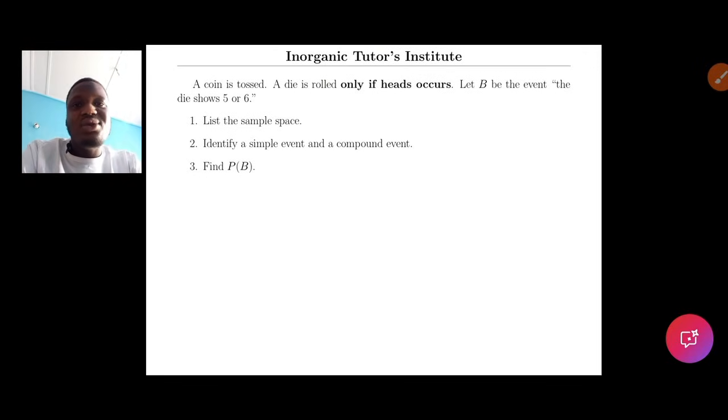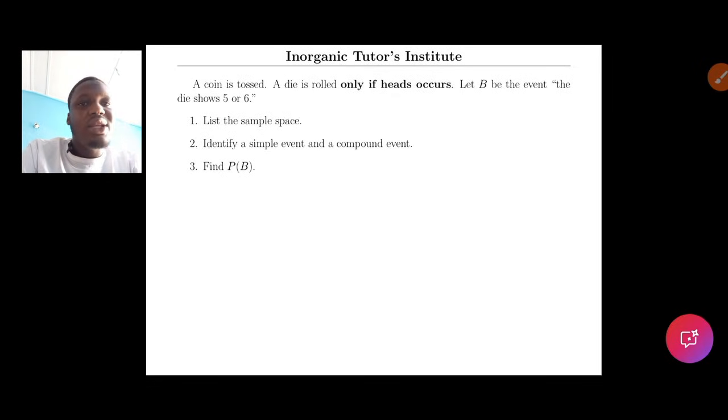Maybe this is related to those casino games where you do this just to win something. So you toss the coin, you can only roll the die if you get a head. If you don't get a head, that's where it ends for you.